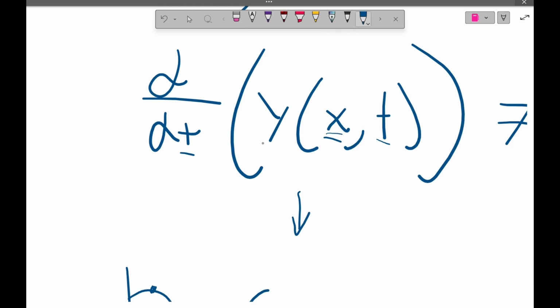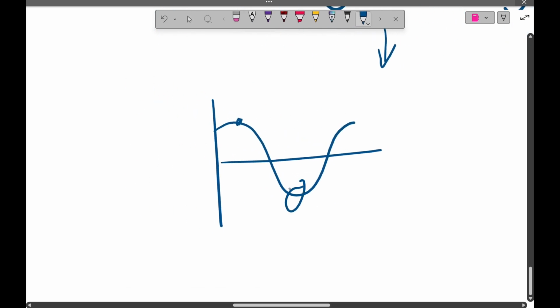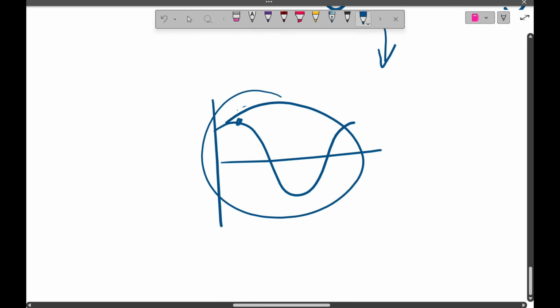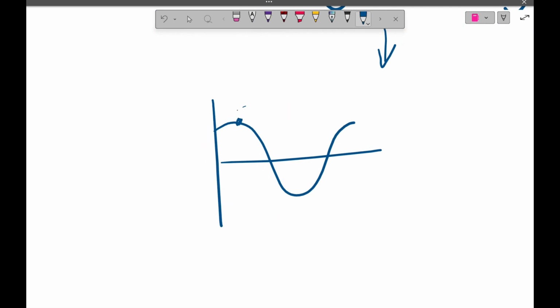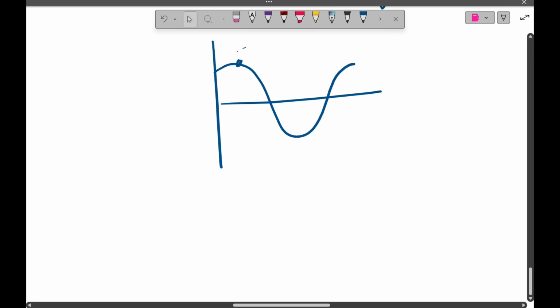If we're talking about this y of x and t function, x is not changing. You're not suddenly talking about this point. If you pick a spot on this function in the x direction that you care about for y of x and t, you're not going to change that point, right? That essentially, that's missing the point.